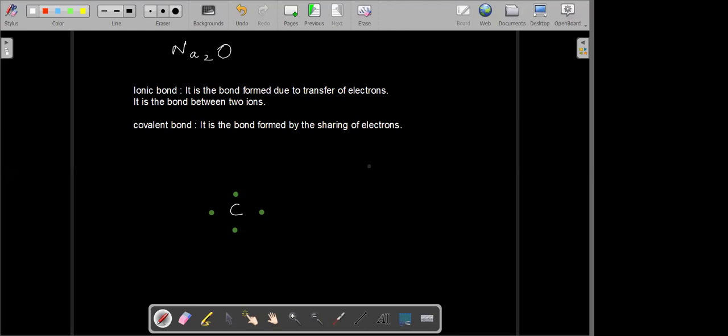So if I draw the electron dot structure of magnesium, how many dots should I put up? Yeah, Meher, how many dots should we put up for magnesium? If I want to draw the electron dot structure for magnesium, write down the electronic configuration of magnesium.